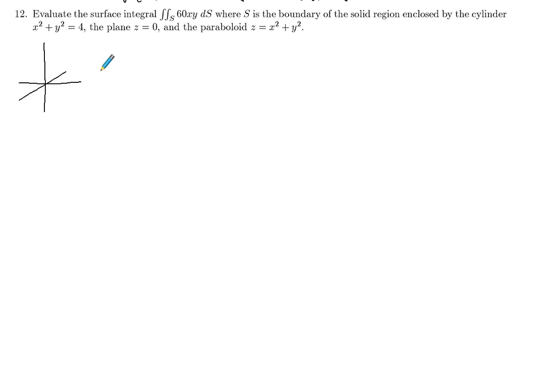Okay, so z equals 0 is just the xy plane, so it's the xy plane on the bottom. This is a cylinder of radius 2, and then our paraboloid is going to come up. The cylinder of radius 2 is going to bound it laterally. So this is x squared plus y squared equals 4, and that's going to bound it on the sides.